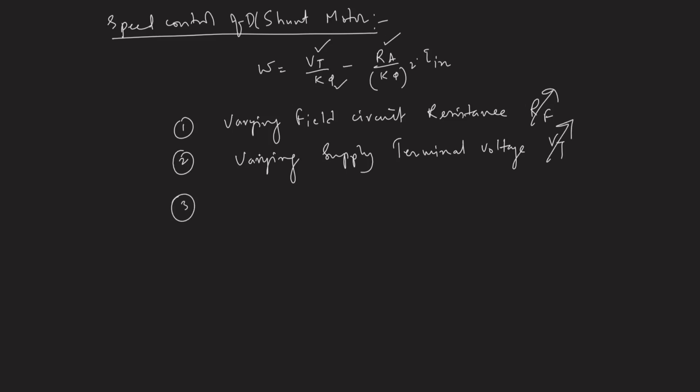And the third one is not varying but inserting an external resistance in the armature circuit.